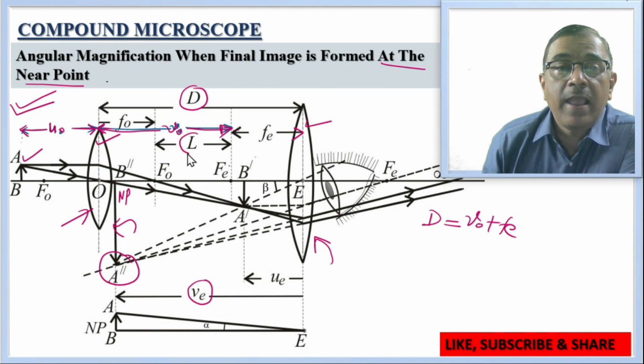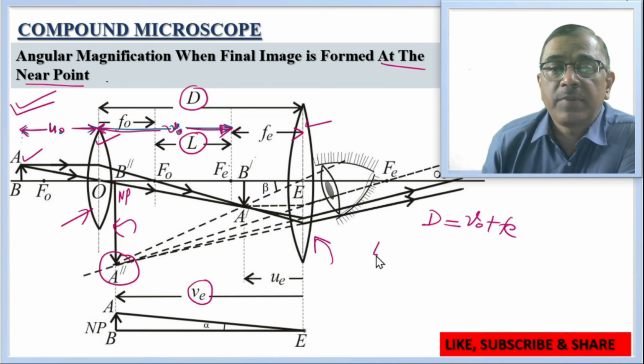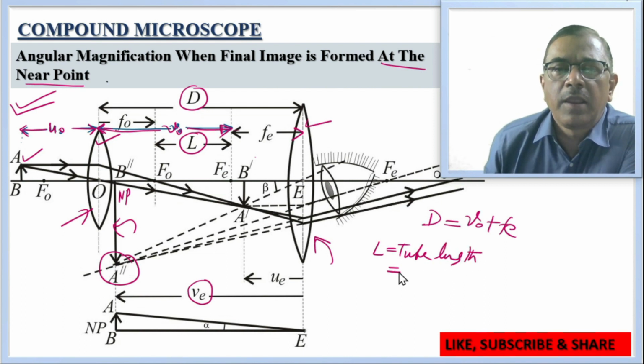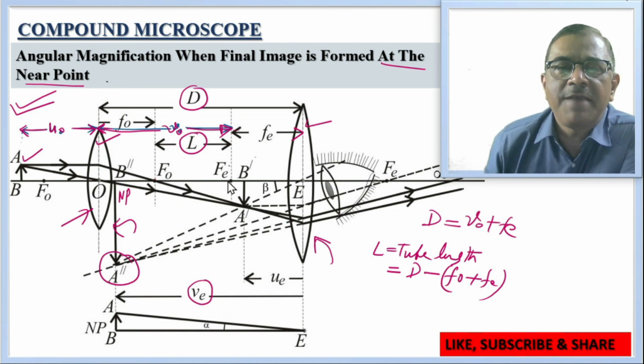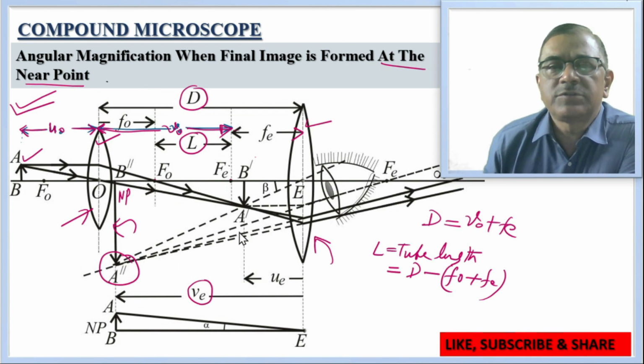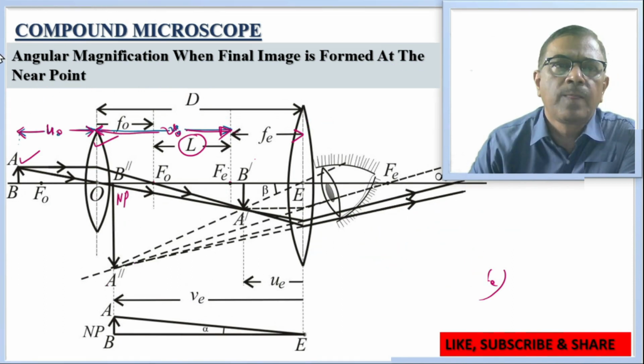And L is called the tube length. It is given by D minus FO plus FE. So basically tube length is the separation between FO and FE. You should not confuse the separation between the lenses with the tube length.